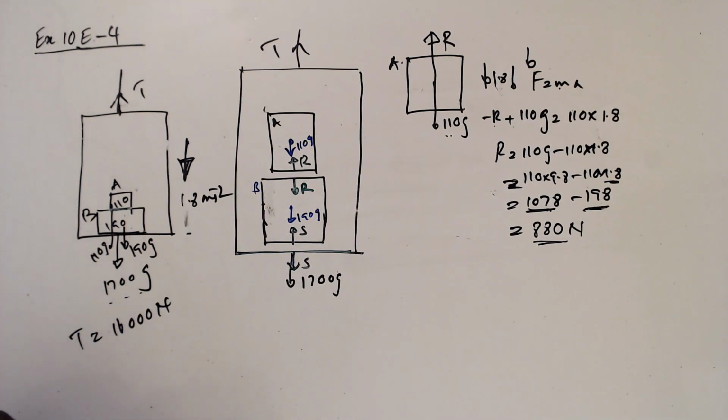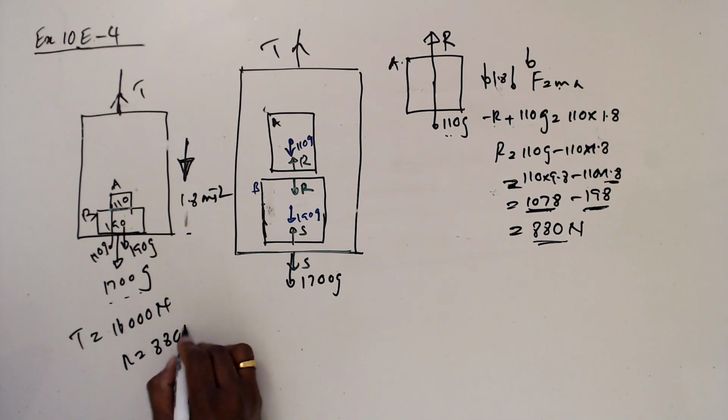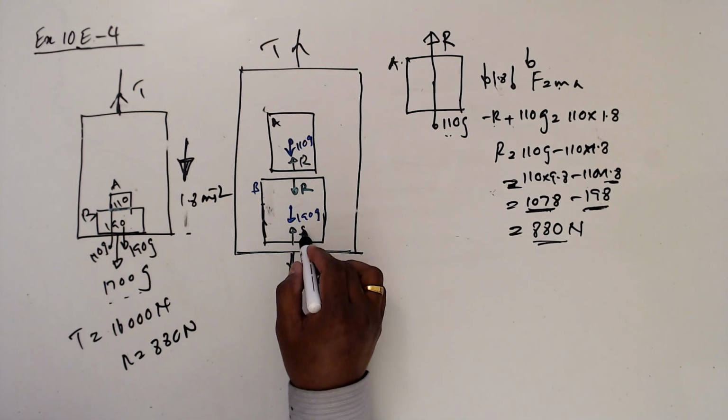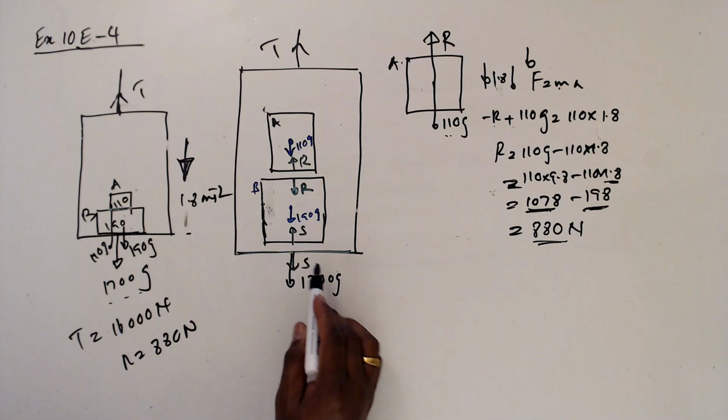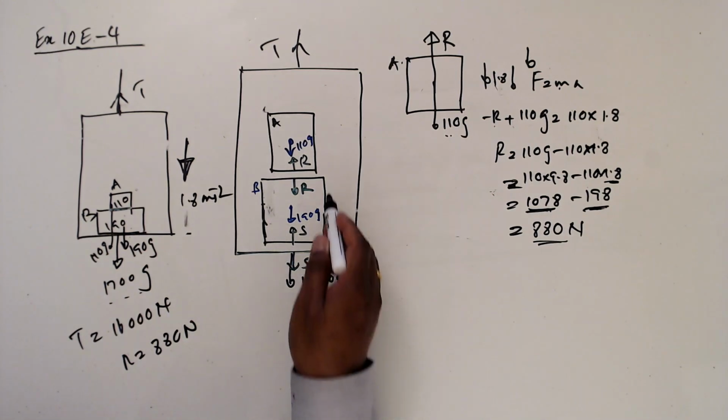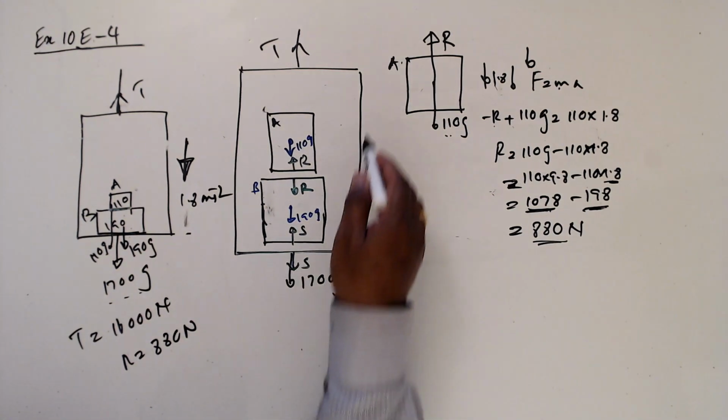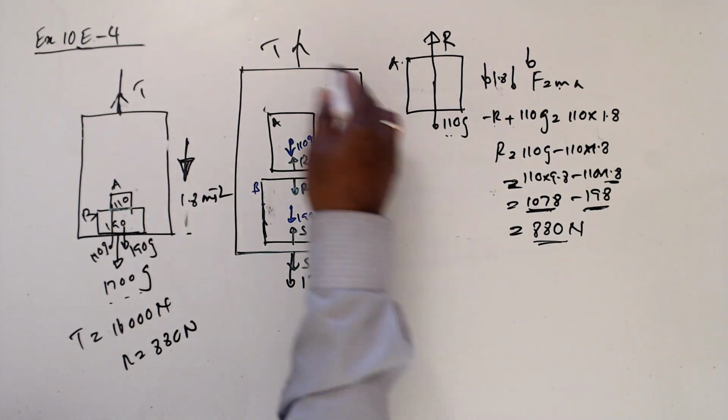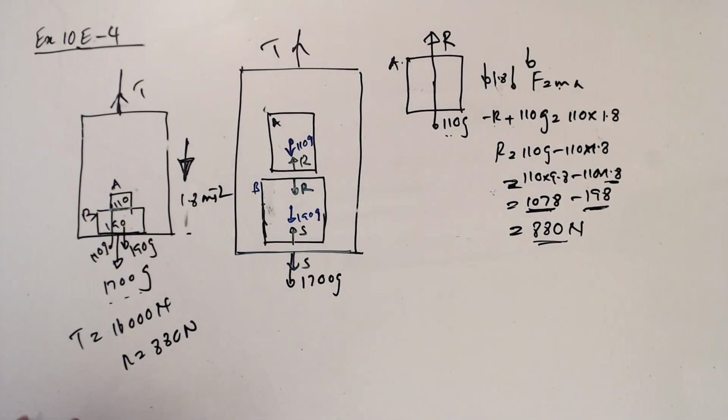Next, we need to find S. Now we know R is 880. We can find S in two ways: either consider this system or just the lift. We'll work both ways.